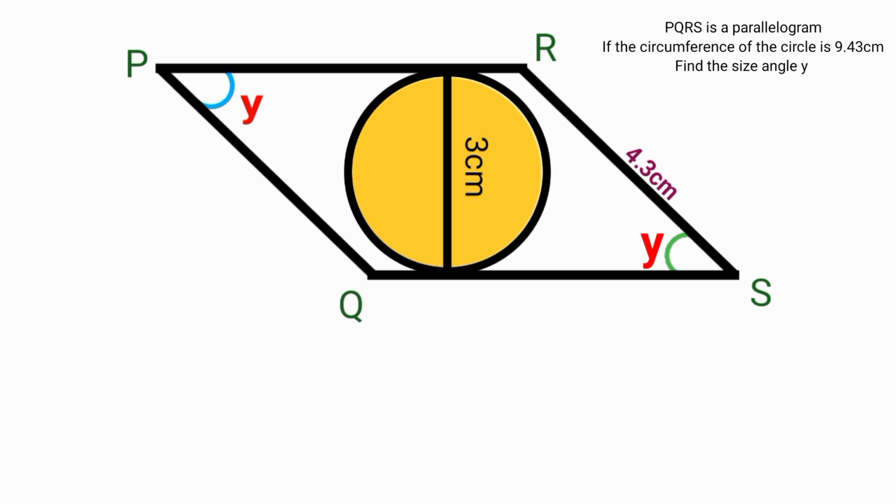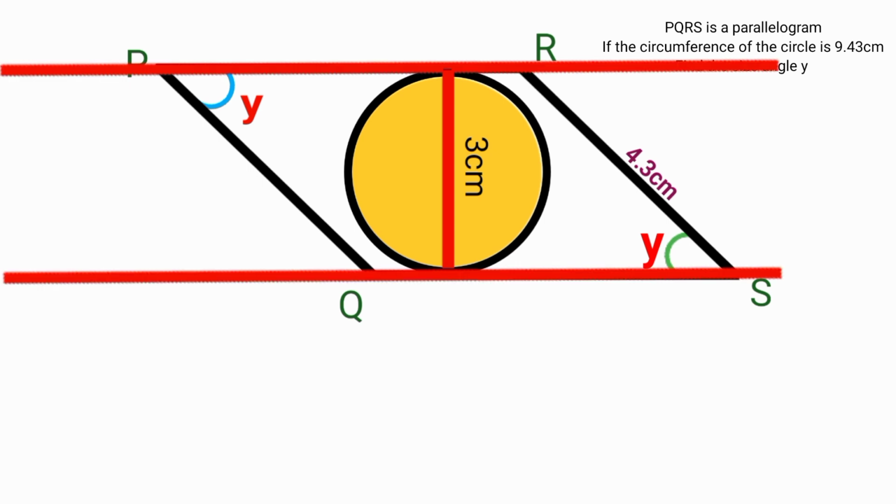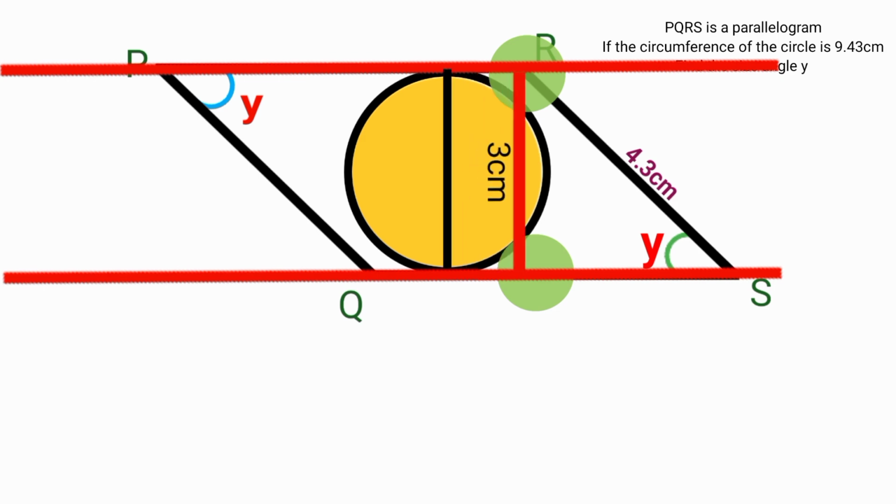So if you look now, just as this line is a diameter, it is also the distance between line PR and QS. And we know the distance between any two parallel lines is always the same at all points. That means the distance from here to here is also the same distance from this point to this point as well. So this is also 3 centimeters.